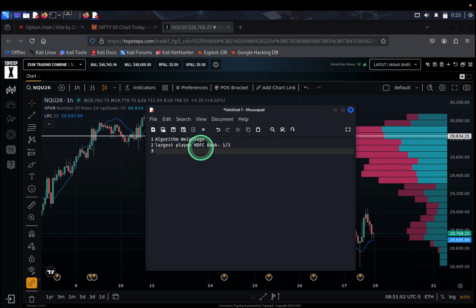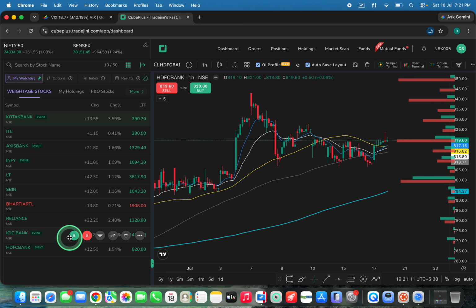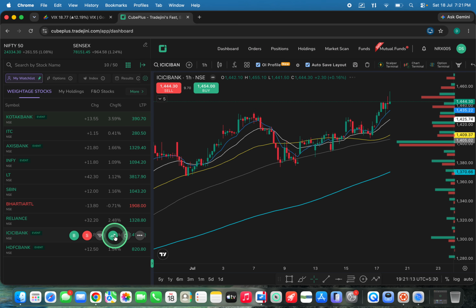Next comes ICICI Bank. We'll score how it is performing. ICICI Bank is in a really great uptrend, and you can clearly see that the OI is also towards the buy side.